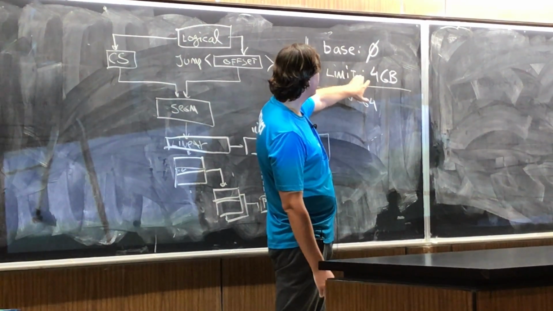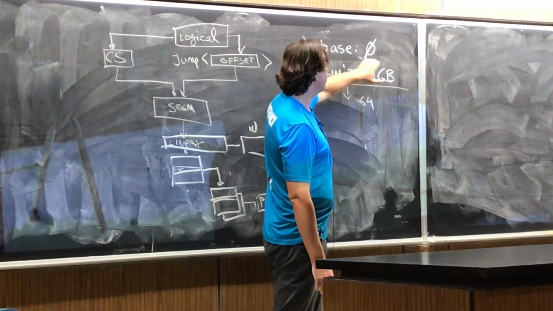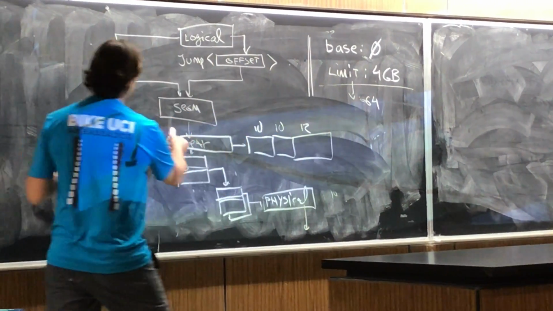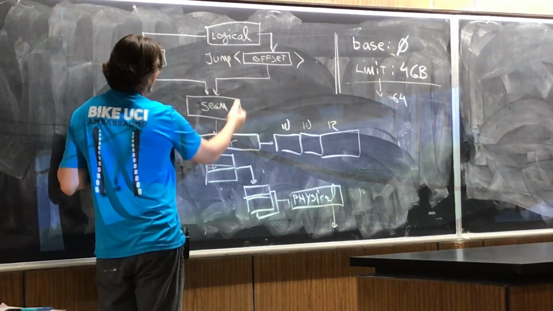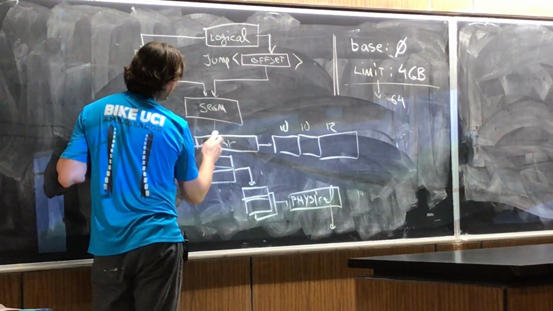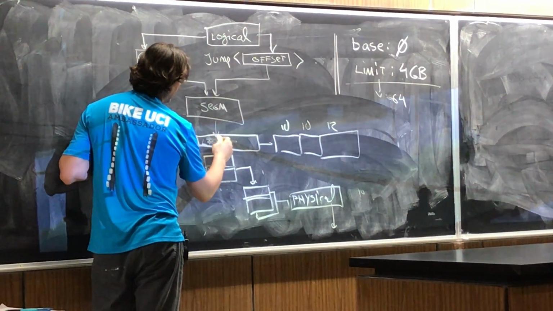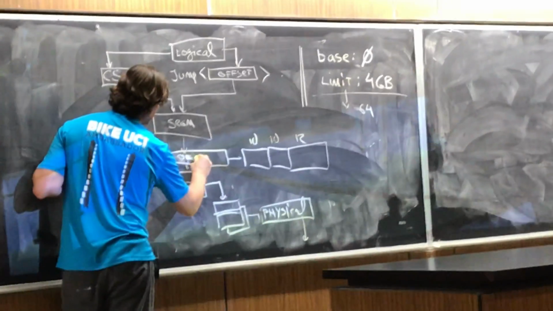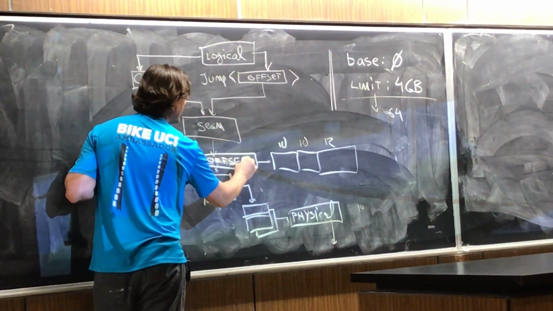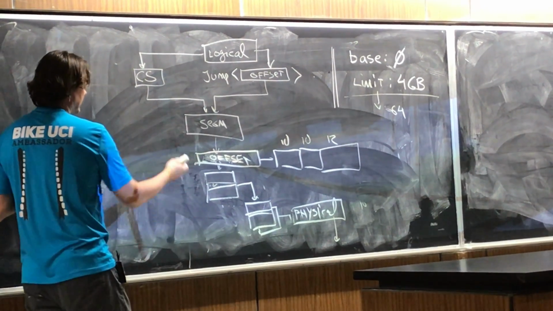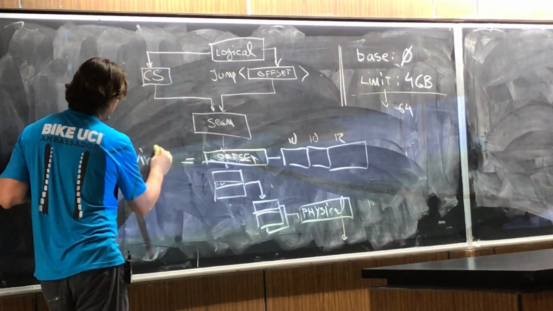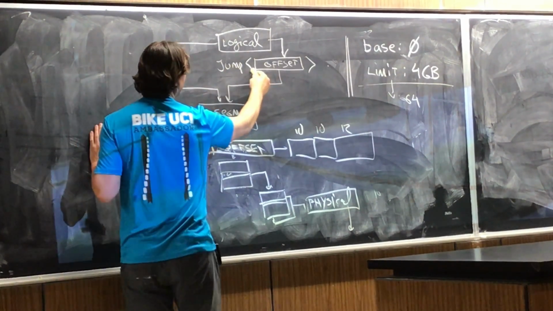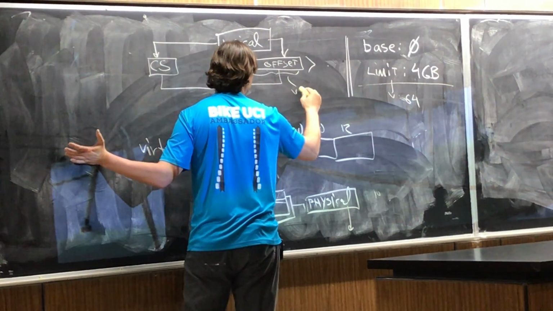So today we can just say, okay, in x86 the base is always 0, the limit is always 4 GB. That's why this translation doesn't change the offset. So this linear address will be the same offset, with no changes at all. That's why you can call this address virtual as well.